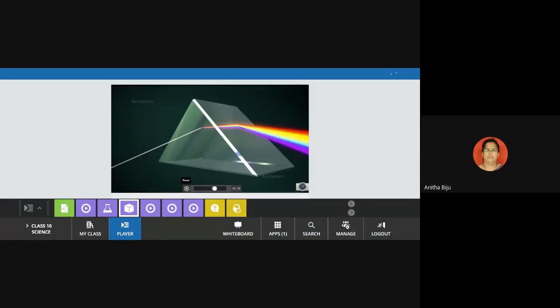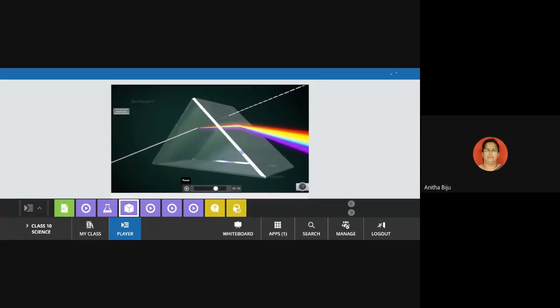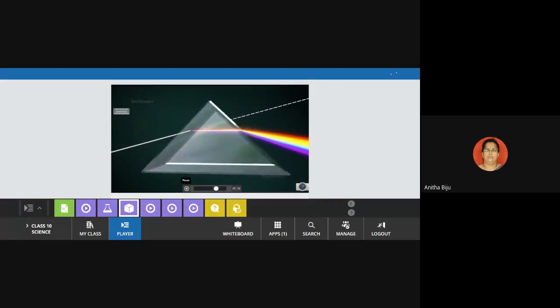The beam of light will slow down at the boundary between air and glass and will bend. The bending will depend on the wavelength of the rays. So you understood the point? Bending depends on wavelength. Bending will depend upon the wavelength of the light or wavelength of the ray.